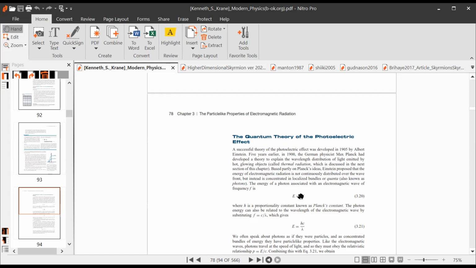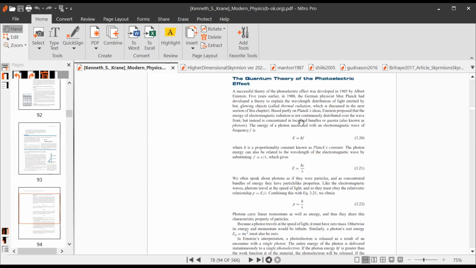For the complete formulation, E equals h times f, where h is the Planck constant. Because f is c over lambda, we get E equals hc over lambda, where c is the speed of light in vacuum.